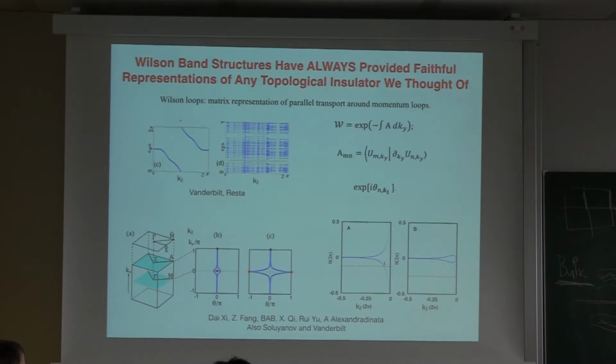This is not equal to delta mn if k prime is not equal to k. And the way to actually smoothly transport an eigenstate of momentum k in the Brillouin zone to another momentum is just to apply a bunch of projectors. When you do that along a path, all you've done is to make a Wilson loop.